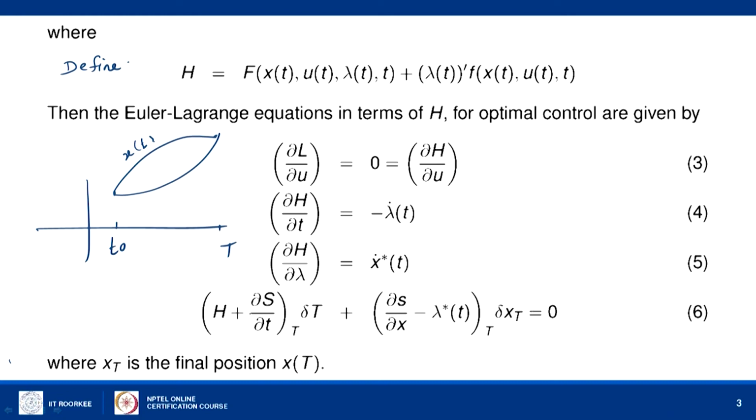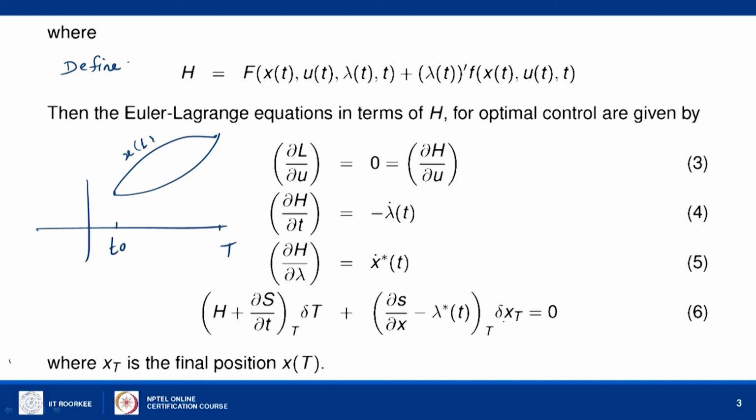That implies that these two brackets are to be 0 separately, that is h plus del S by del t at capital T should be 0, and del S by del x minus lambda at capital T should be 0. These are the boundary conditions; other conditions are the same in both problems.